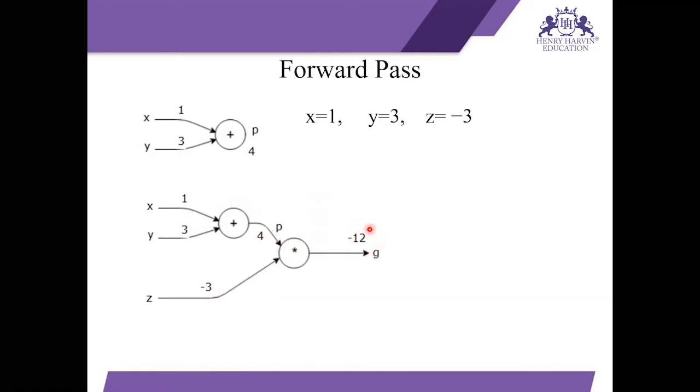Hope this is clear to you. So 1 plus 3 is 4, the value of p is 4, and we already have z as minus 3. We are performing multiplication on that, so 4 into minus 3 is equal to minus 12. So here we can see that g is equal to minus 12. Hope this is pretty much clear to you.